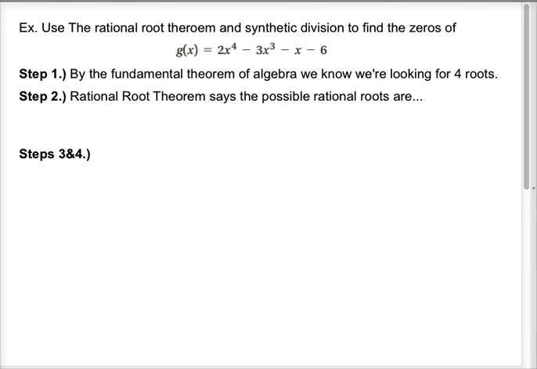We know based on the fundamental theorem of algebra, we're looking for 4 roots. Now, I have negative 6 here, so it gives me plus or minus 1, plus or minus 2, plus or minus 3, plus or minus 6 as my factors. Then the 2 there means plus or minus 1, plus or minus 2.